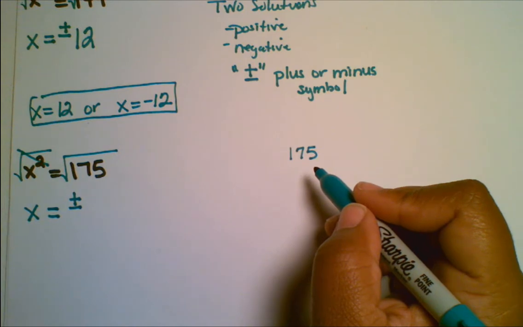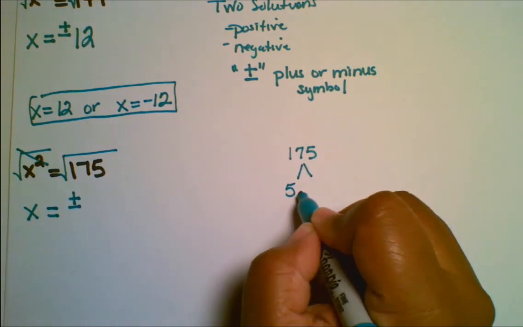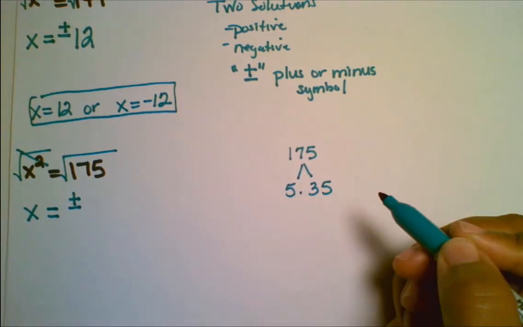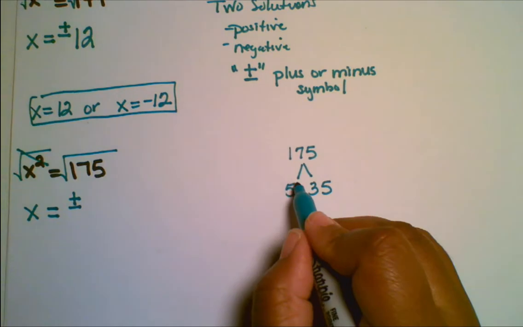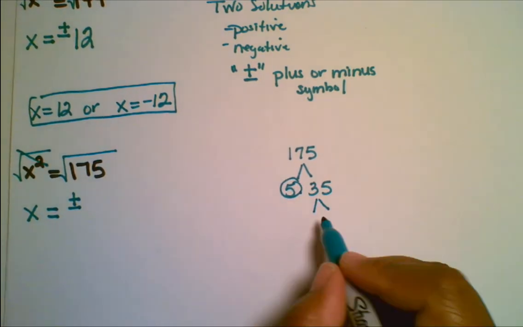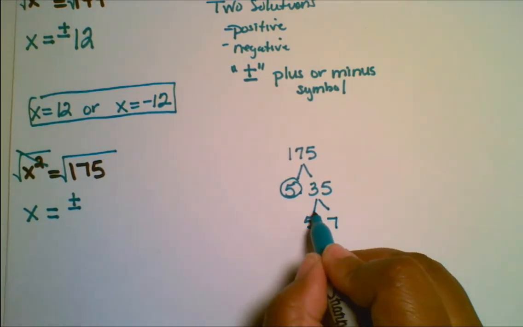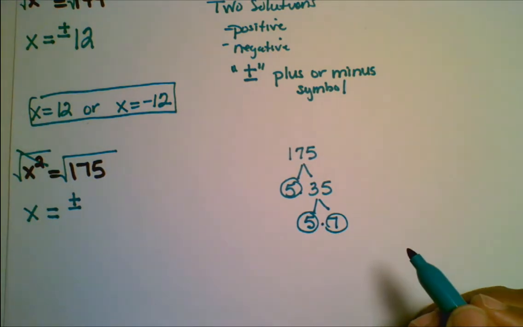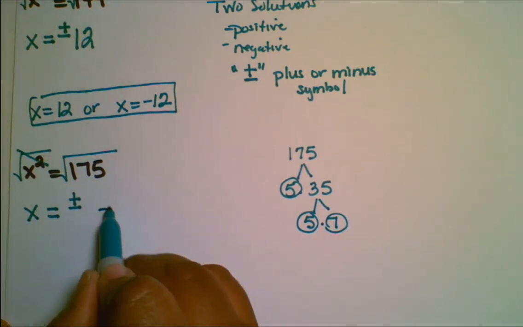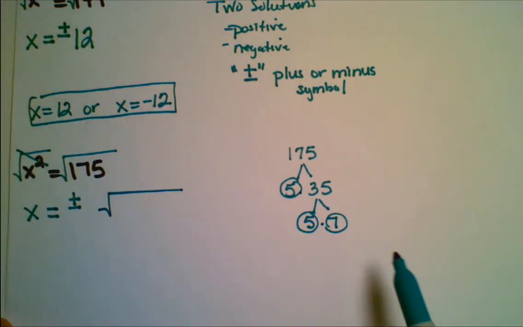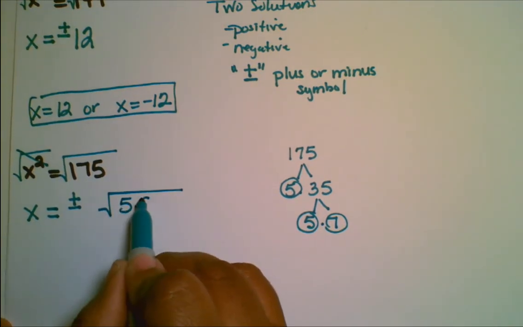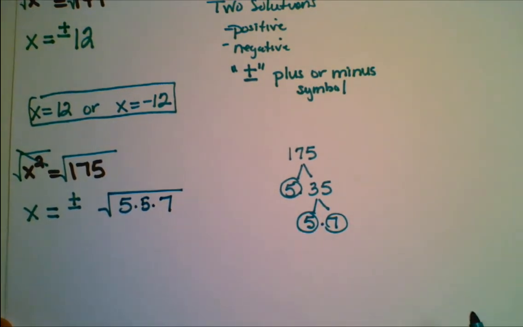What times what gives us 175? 5 and 35. 5 is prime. Let's break down 35. We have 5 and 7. Therefore, the prime factors for 175 are 5, 5, and 7.